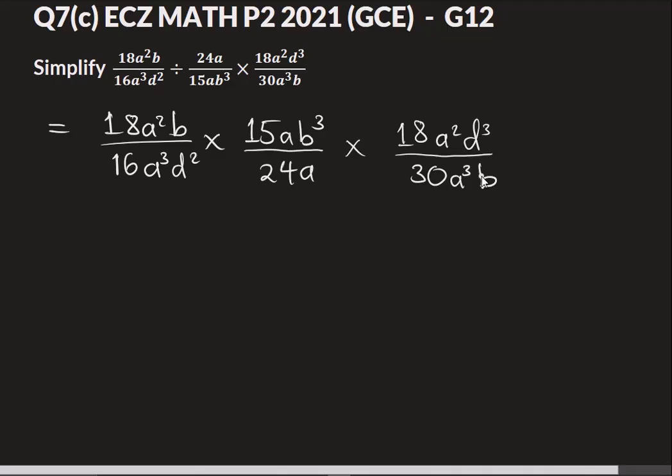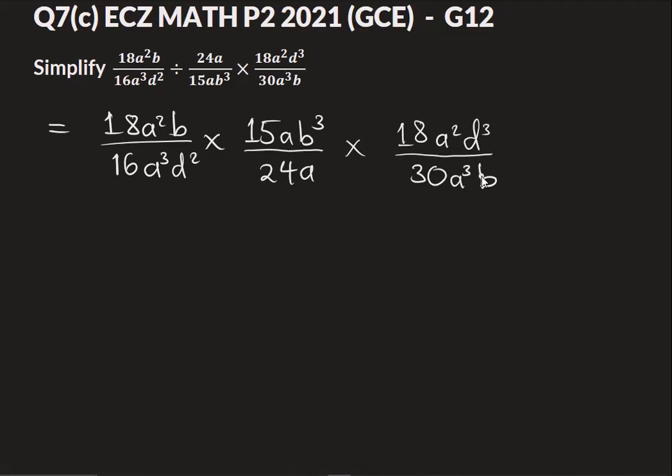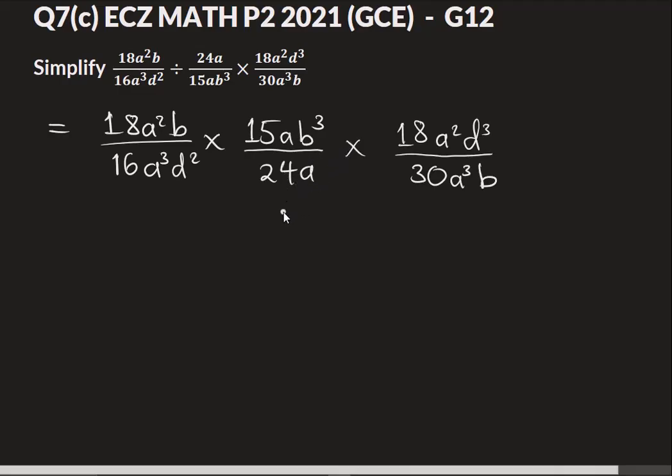And then you can see the question is very much easy to solve now. We have multiplication everywhere. Now, at this stage we can just start cancelling what is not necessary. So, if you look here, we have AB, AD, AB and A, AD and AB. So we've got A's in the numerator, A's in the denominator.